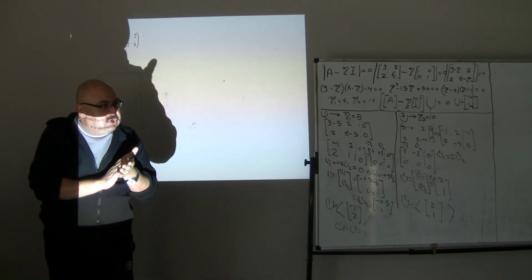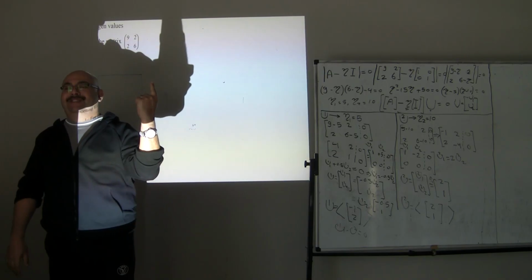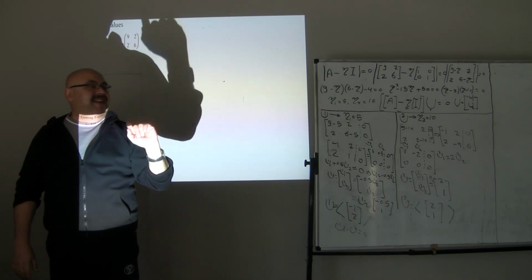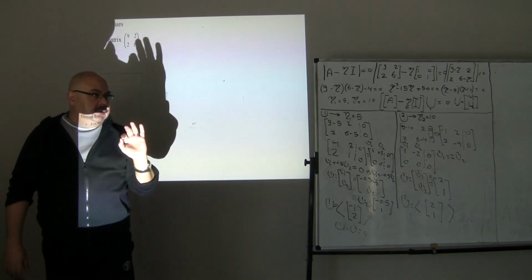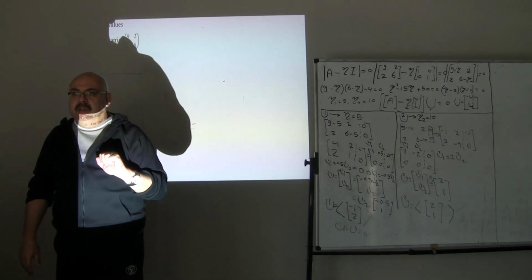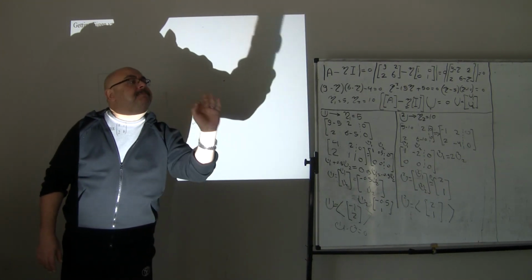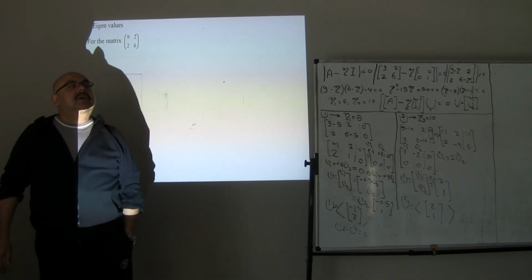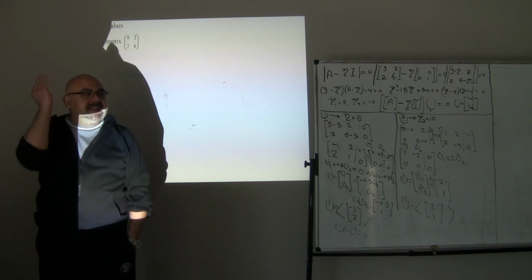I've defined what an algebraic multiplicity is. Now I'm going to define the geometric multiplicity. What's the geometric multiplicity? It is the dimension of the eigenspace. What's the dimension of any space? It is the number of vectors in its basis.